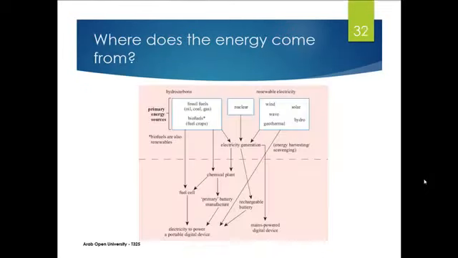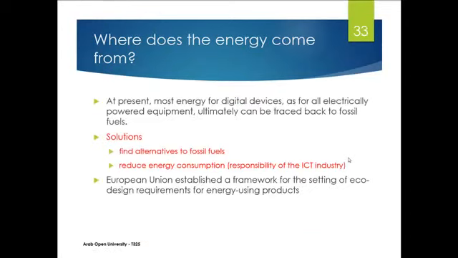If we look at where the energy comes from, we can see that most of it comes from fossil fuels, which is really a major problem, and this is why there is a huge push towards finding a solution for this issue, which can be done in two axes. The first is to find alternatives to fossil fuels, and the second is to reduce energy consumption, which is the responsibility of the ICT industry.